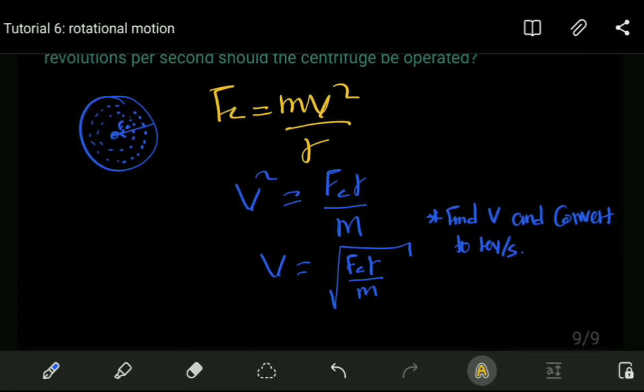So we find an expression for v first: v squared equals centripetal force times radius over m, and v equals the square root of Fc r over m.